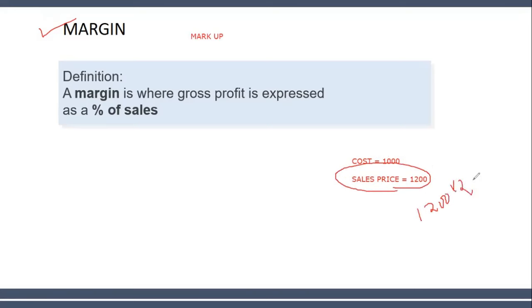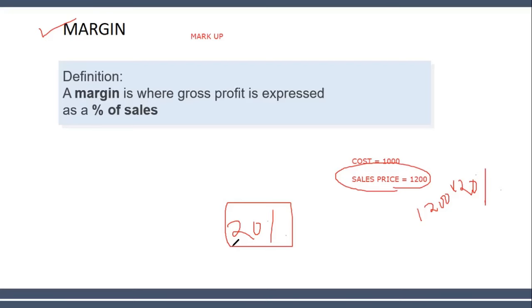So for example, you come in and ask, how much profit do you charge? I say I charge 20%. Your next question should be: 20% markup or 20% margin? I mean, 20% is not enough. In all of your questions, whichever book or paper you are doing, whenever they mention profit, they say the company charges 25% or 20% or whatever, they must mention 20% markup or 20% margin.